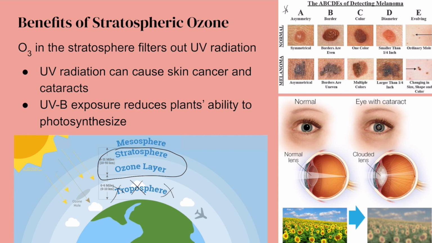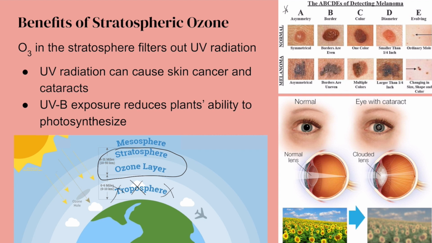UVB exposure reduces plants' ability to photosynthesize. So photosynthesis is really important. Plants, or photosynthetic organisms, are the basis of every single food chain.